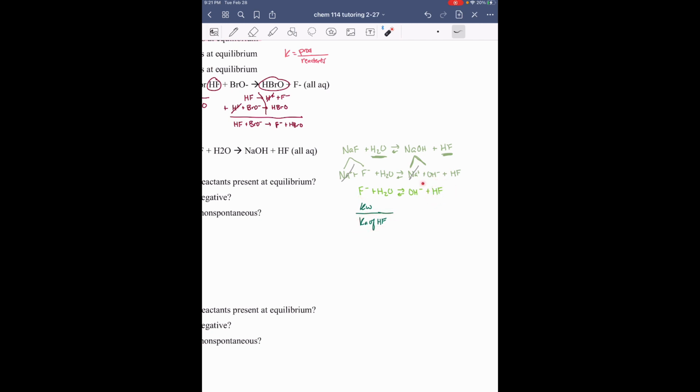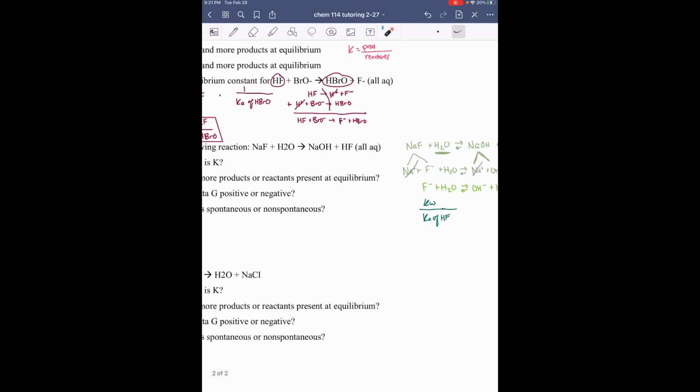Or you can see that OH- is a product, so it'd be Kb, but we don't have a Kb of F-, so the Kb would equal Kw over Ka of the conjugate acid, which in this case is HF. So same thing, depending on how you want to think of it. So that is their K.